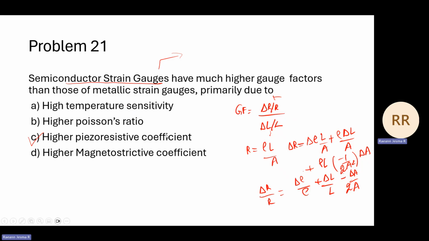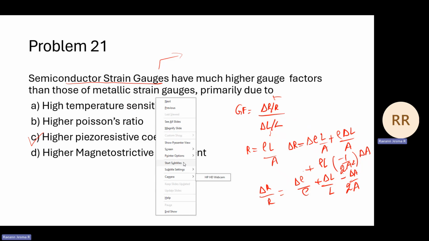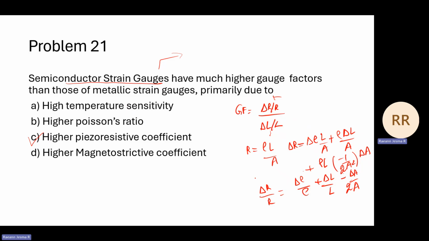Generally the piezoresistive coefficient is the change in the resistivity of the material due to change in the strain, so we divide this by the entire strain. Here we know that delta L by L and delta A by A are geometrical terms, meaning the change in the length of the gauge or the change in the area of the gauge is what causes the change in the strain.